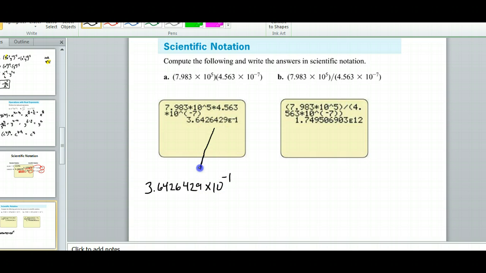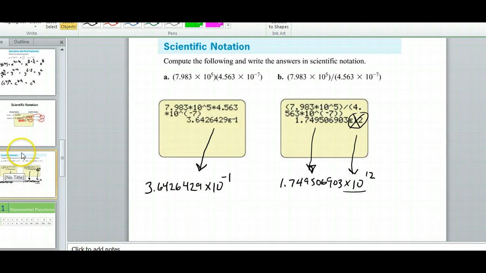That's what this number means. Same thing here, 1.749506903 times 10 to the 12th. The scientific notation comes in, scientific notation comes out, and we write our answers in scientific notation. Don't use the E 12 stuff. Transform that to times 10 to the 12th.